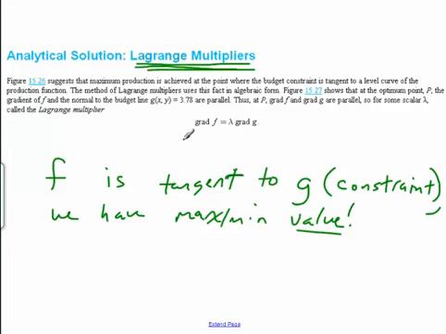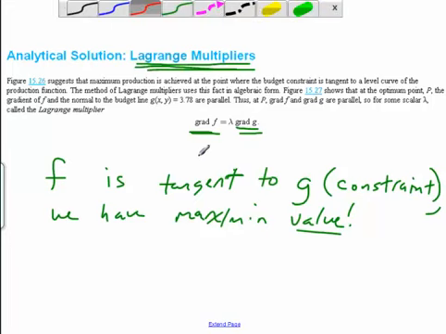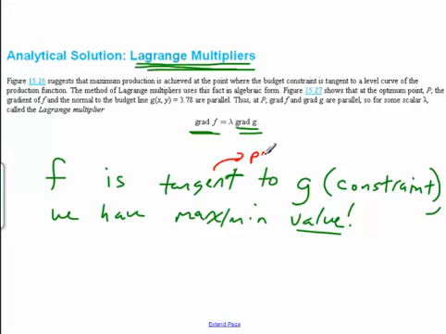Therefore, if we were to take the gradient of f and the gradient of g, since they are a maximum value when they are tangent to each other, well, when they're tangent to each other, we know that tangent is the same thing as parallel.